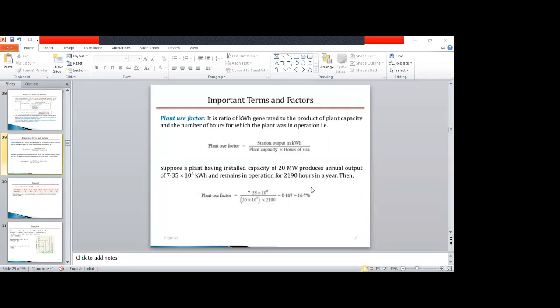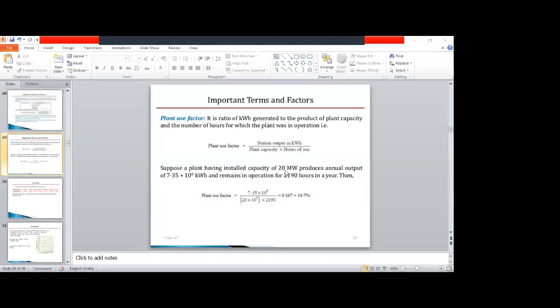Then plant use factor will be, in the numerator, the station output in kilowatt hour. It is given. If it is not given, you may have to calculate using average demand into time. Sometimes the load data will be given and you may have to calculate. Here, just for illustration, I have directly taken this value. Then divide by the maximum plant capacity.